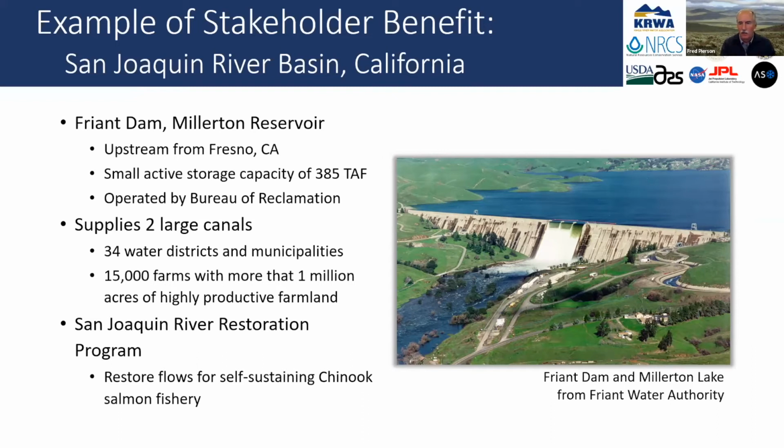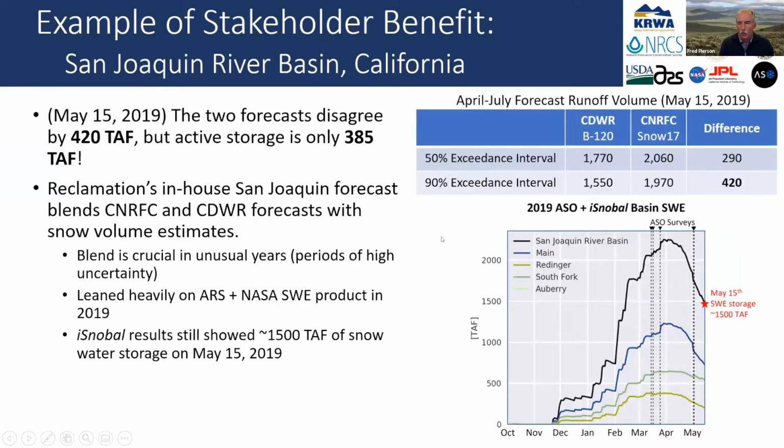The management of that water is extremely important to all kinds of sectors downstream. In this particular case, it is also instrumental to habitat restoration for the Chinook salmon fishery in the San Joaquin River itself, coming from the delta or from the San Francisco Bay. So that's one event, or one time, when this kind of technology is extremely useful.